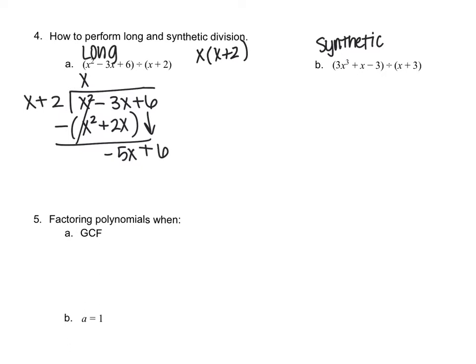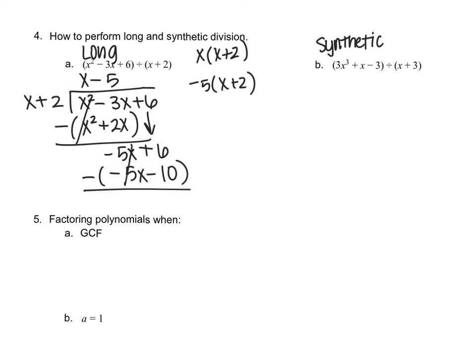Negative 5x divided by x is negative 5. So now I do negative 5 times x plus 2, which becomes negative 5x minus 10, which we're going to subtract.